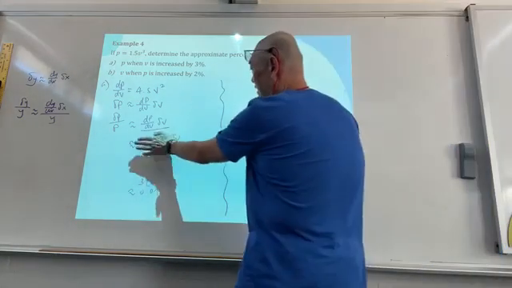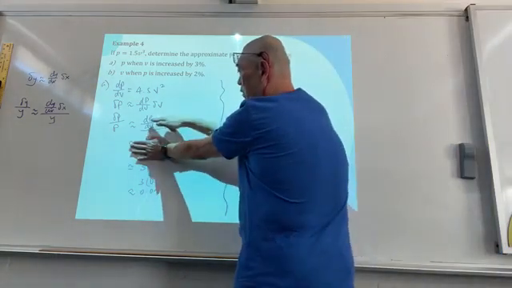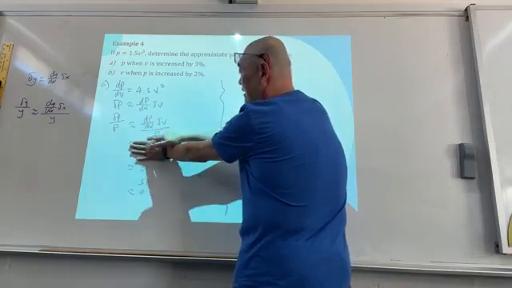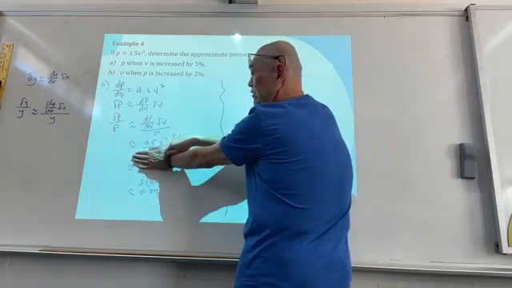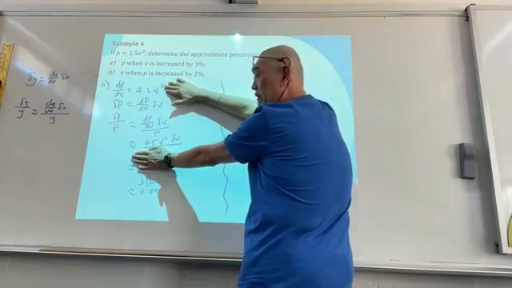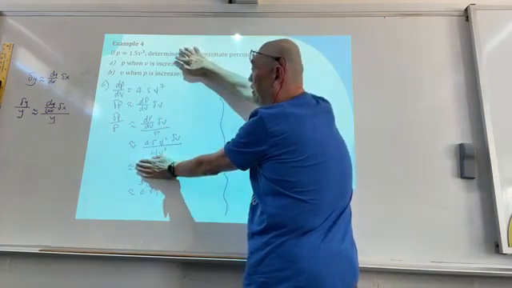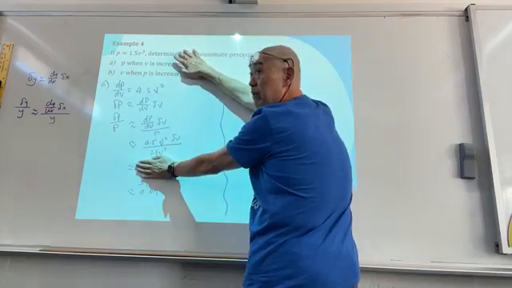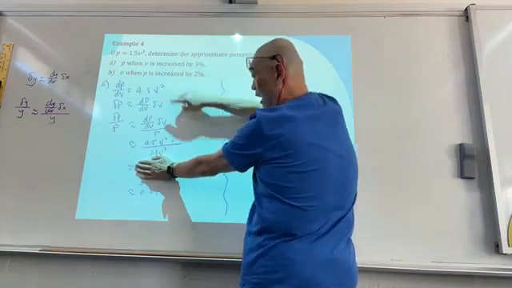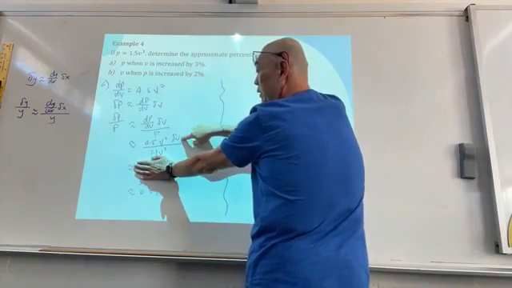Here, I've substituted dP/dV as 4.5V squared, since I've already derived it, and we know P is 1.5V cubed. I still keep the delta V because we don't know what delta V is.